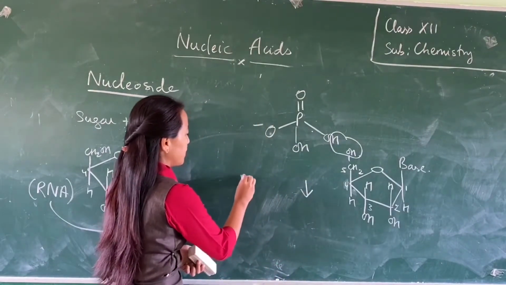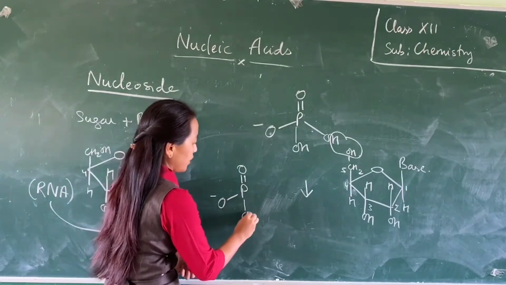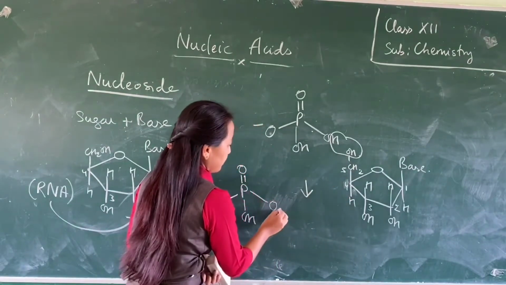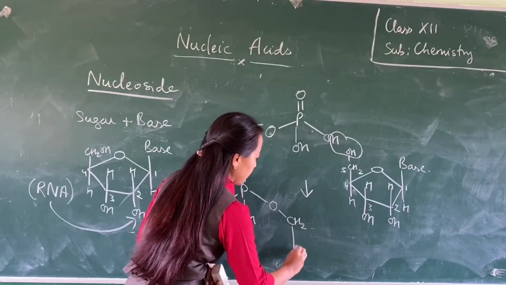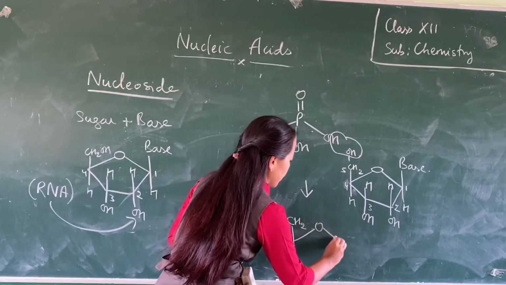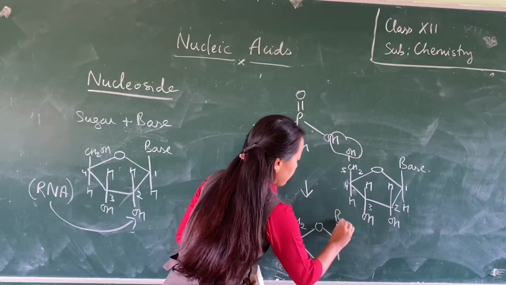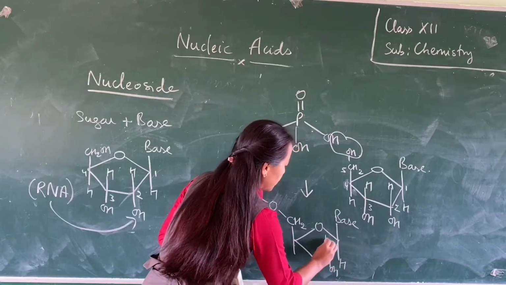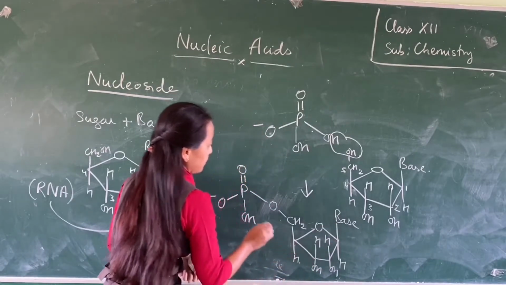You have P double bond O negative, and then you have OH, and this O which is bonded to this carbon atom, CH2, and then you have your pentose sugar like this, base, and then you have H, OH, H, OH, H, and this hydrogen atom.